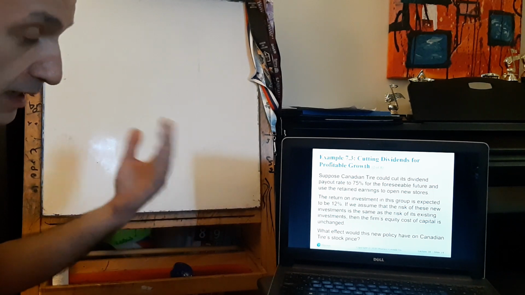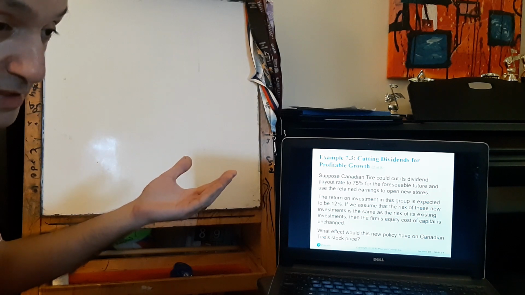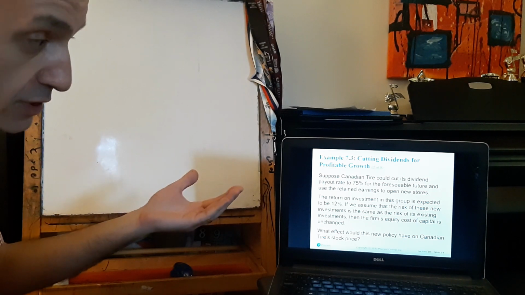So in this example, it says, suppose Canadian Tire could cut its dividend payout rate to 75%. So basically, before they were paying 100% of their net income as dividends, which was $6 per share.